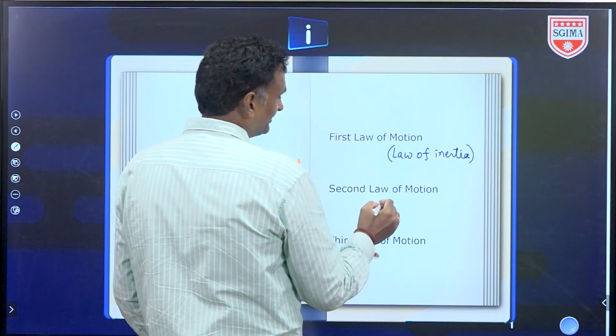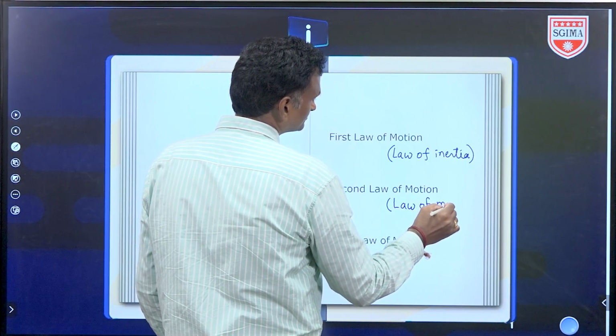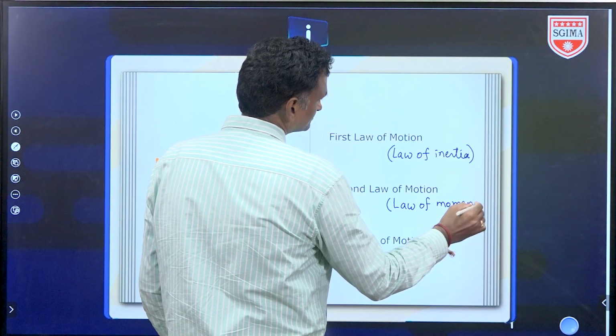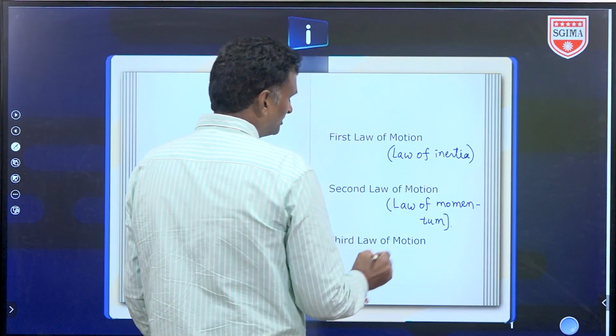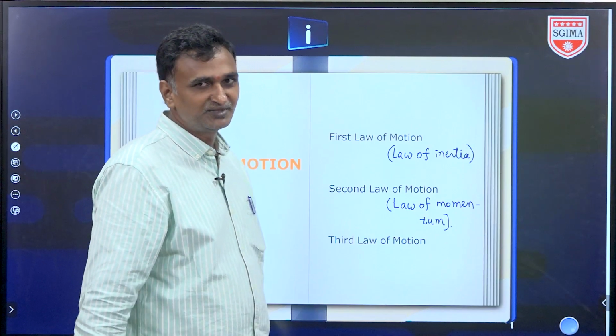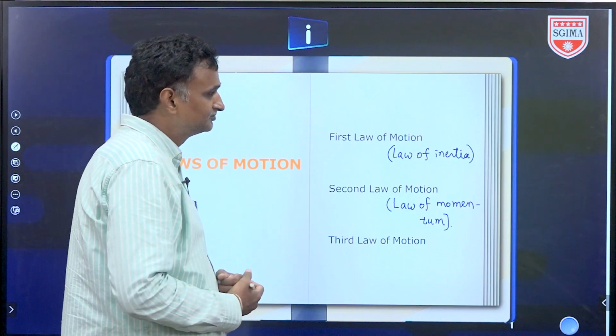And next, it is the law of momentum. And it is the action reaction pair. Now let us start one by one.